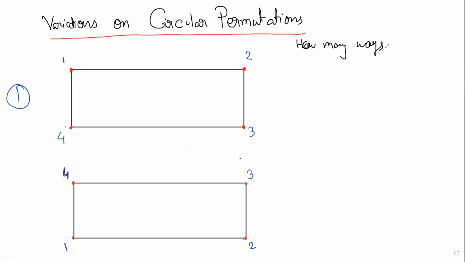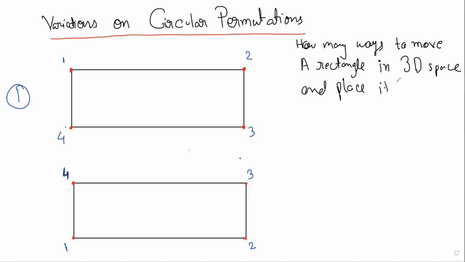But to expand on that, how many ways to move a rectangle in three-dimensional space. So you're allowed to move it in three-dimensional space. Okay, how many ways to move a rectangle in three-dimensional space and place it back on itself?